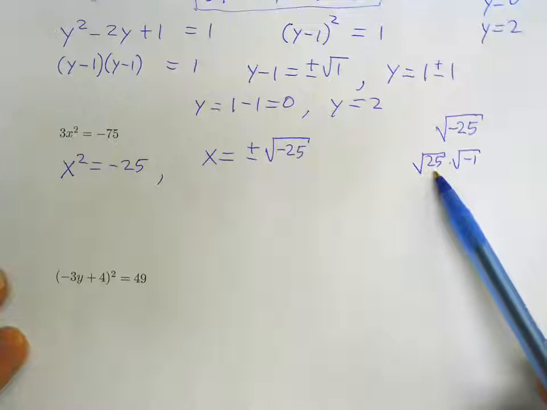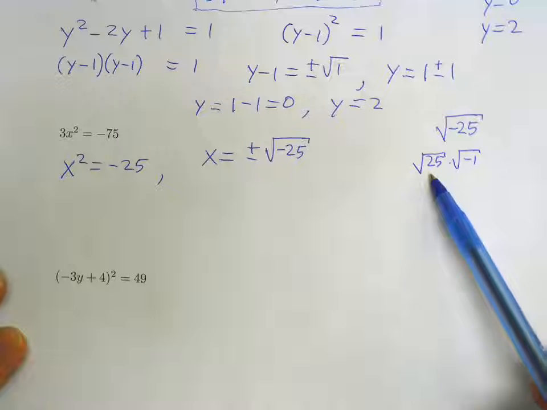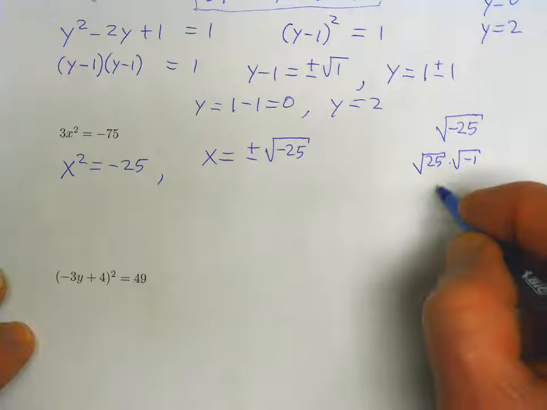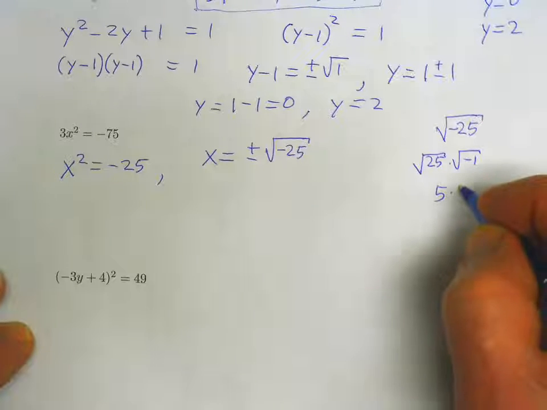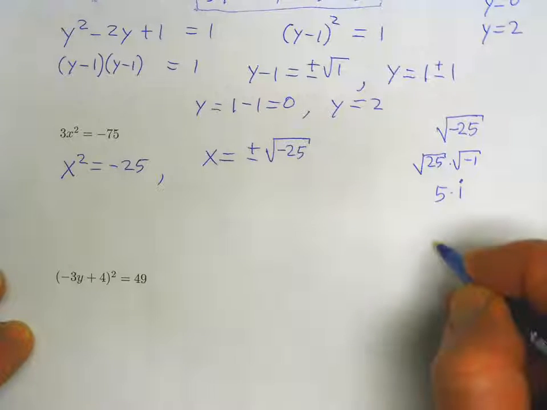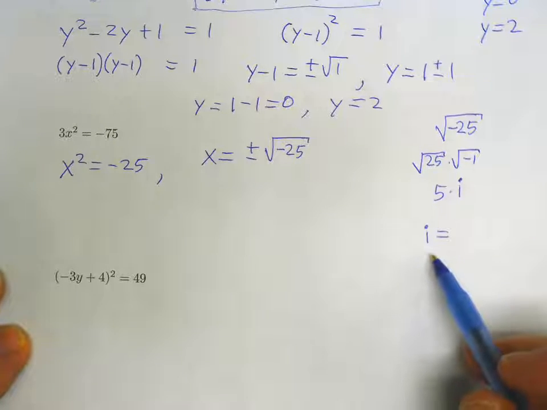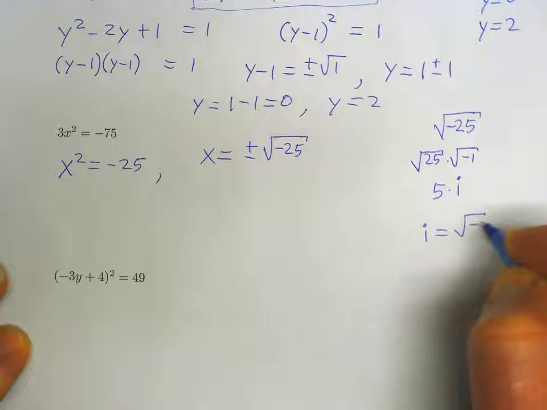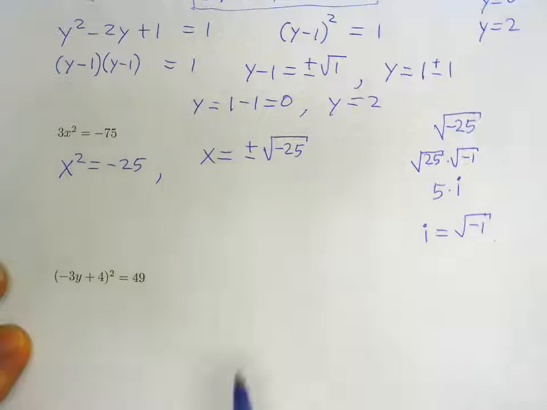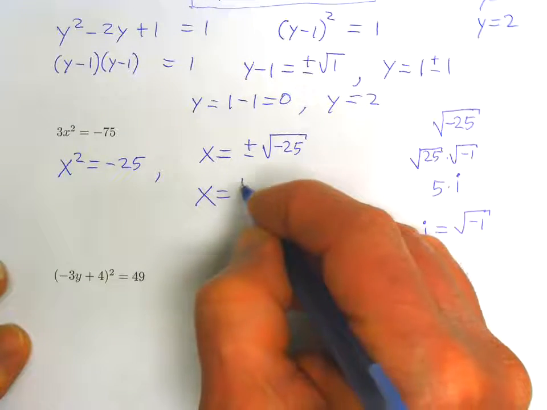We're just applying the product property of radicals. 25 times negative 1 is negative 25. And then we can simplify the square root of 25 to 5. And then we replace the square root of negative 1 with the letter i. That's one of our definitions that we're using. i is just defined to be the square root of negative 1. Okay, so up here our two solutions are positive and negative 5i.